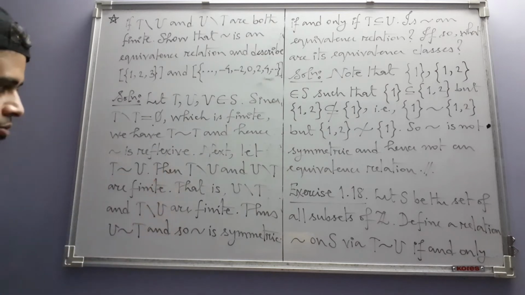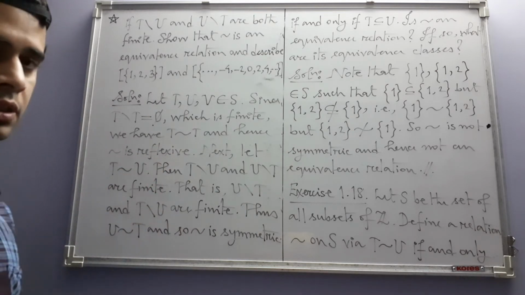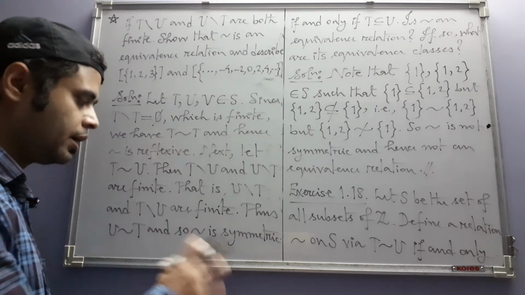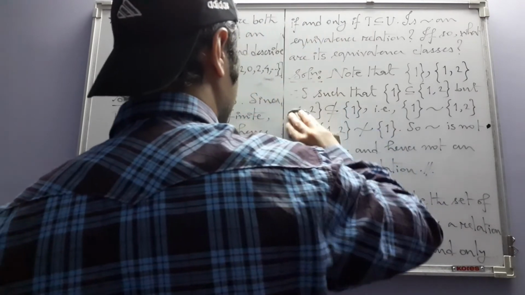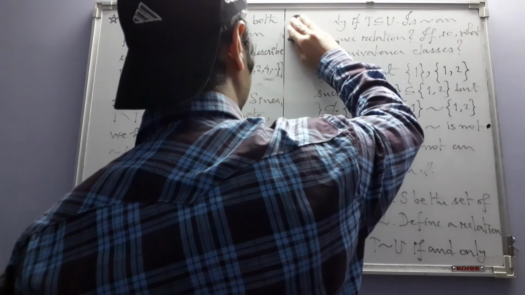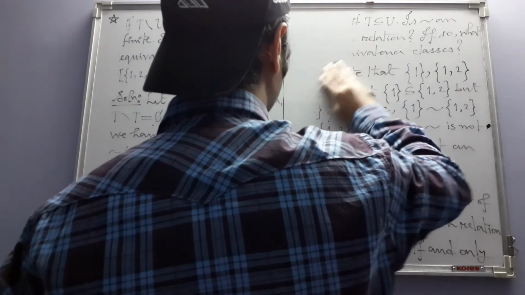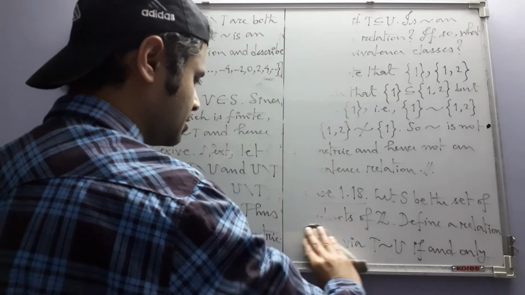So reflexivity and symmetry are very easy. Transitivity, however, is relatively more complicated. It's not as easy as just writing two statements and concluding.